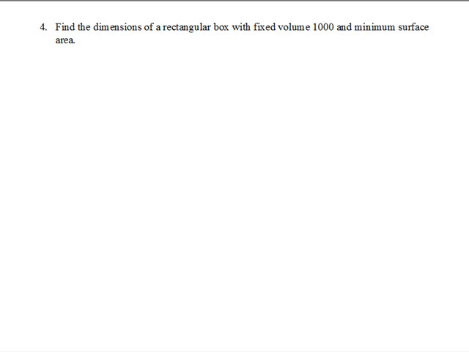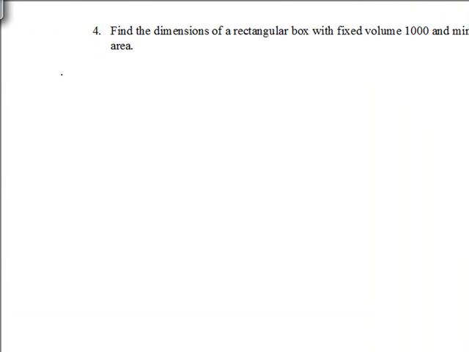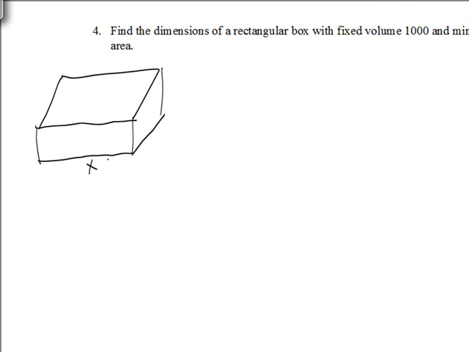Okay? Now we need to find the surface area of a box. So let's draw. I always like to draw these things so you can see it. Draw the box. Give the box variables as dimensions. It's a rectangular box, x, y, z.